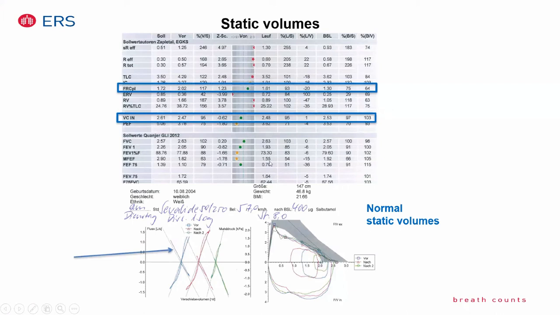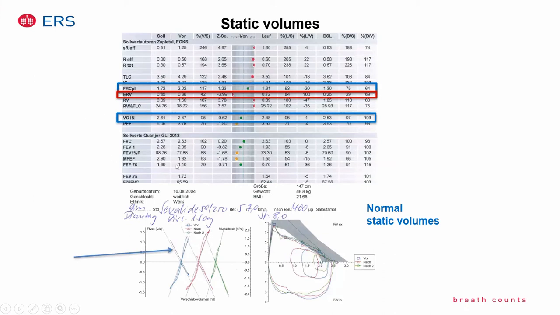And then we add some more detail. So normal static lung volumes, normal vital capacity, the slow maneuver done during body plethysmography. There's just one thing I would like to highlight, which is residual volume, which is always displayed with the body plethysmographic measurement of lung volume. And if you remember, expiratory reserve volume is the volume which is expired during the total lung capacity maneuver.